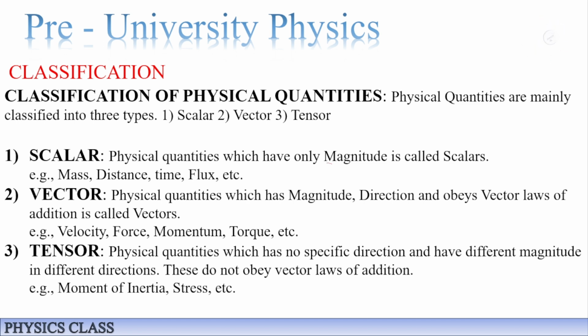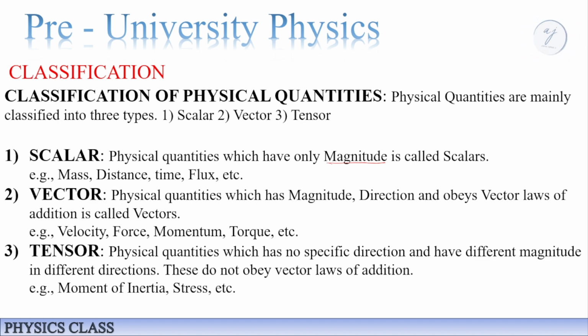Scalars are physical quantities which have only magnitude. Mass, distance, time, flux, speed. These are the physical quantities which can be listed under scalar. Let us consider mass as an example, then we will move on to the vector. Let us understand what a scalar is.